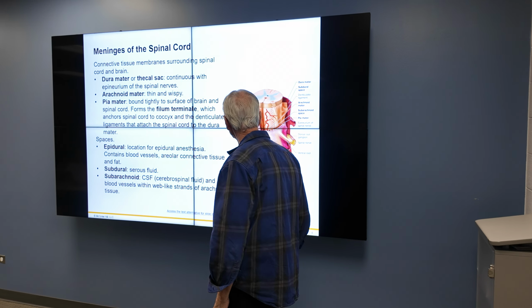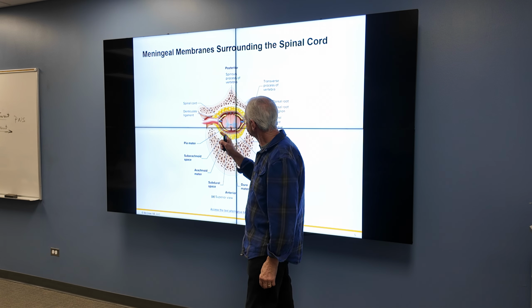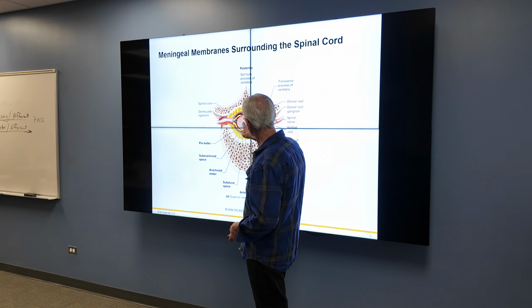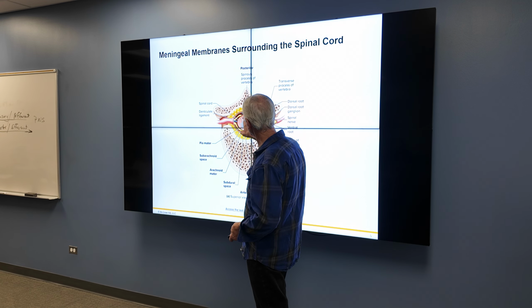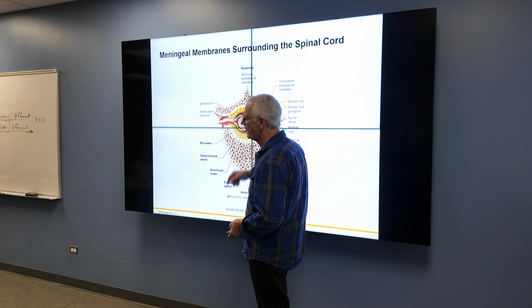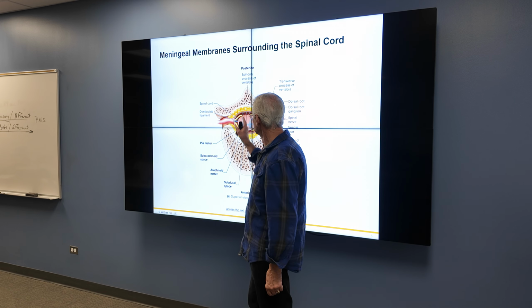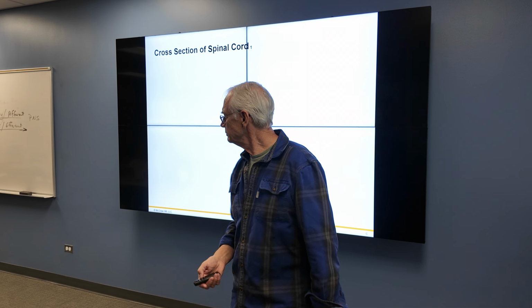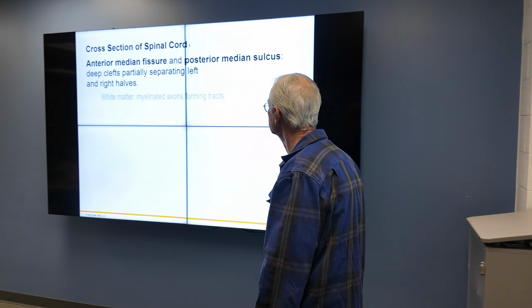Let's go back to this illustration right here. This is the cord. This area back here is going to be the columns that we refer to as the dorsal. These are going to be ventral here. These are going to be the lateral over here. Real simple: dorsal, ventral, lateral.